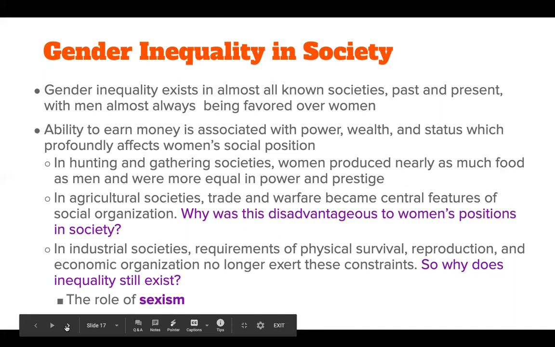And that's because even more so than hunting, trade and warfare, traveling between different societies, going out and fighting in wars, this was much more difficult for women. And that's largely just due to the practicality of reproduction. There was no birth control back then.